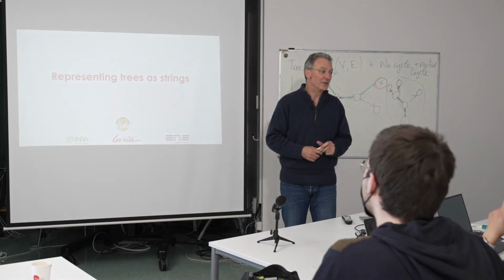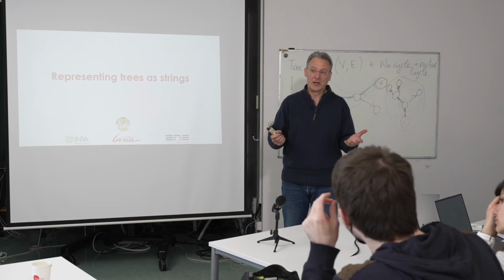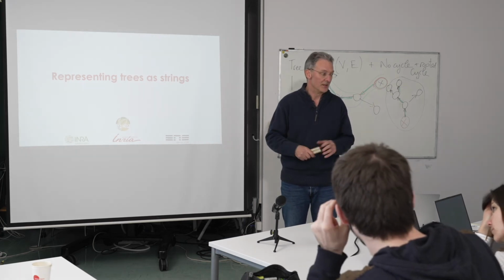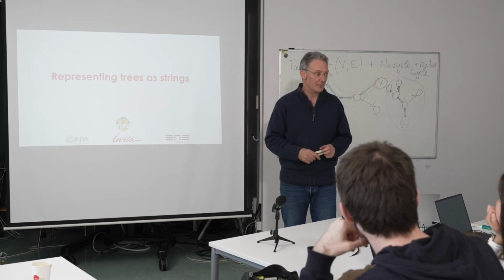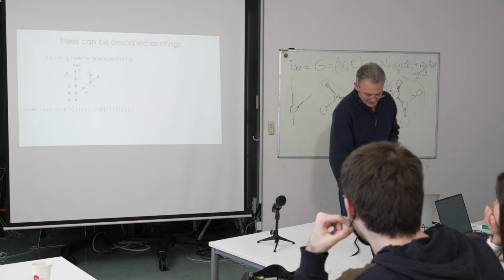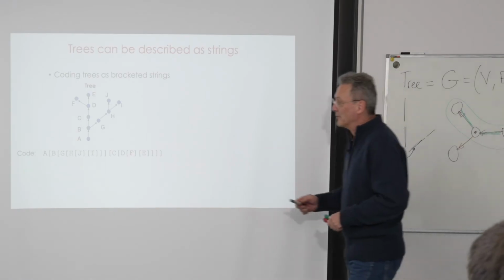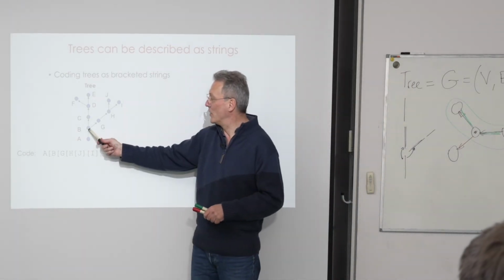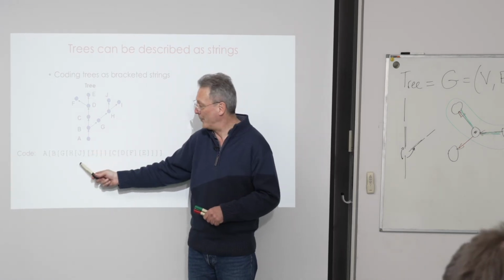Well, this is not so difficult because there is a well-known notion in computer science that says that every tree can be represented by a string. And it's very easy. You just need to add parentheses to the string. So if you have a tree like this, each time you encounter a bifurcation in the tree, you open a parenthesis.